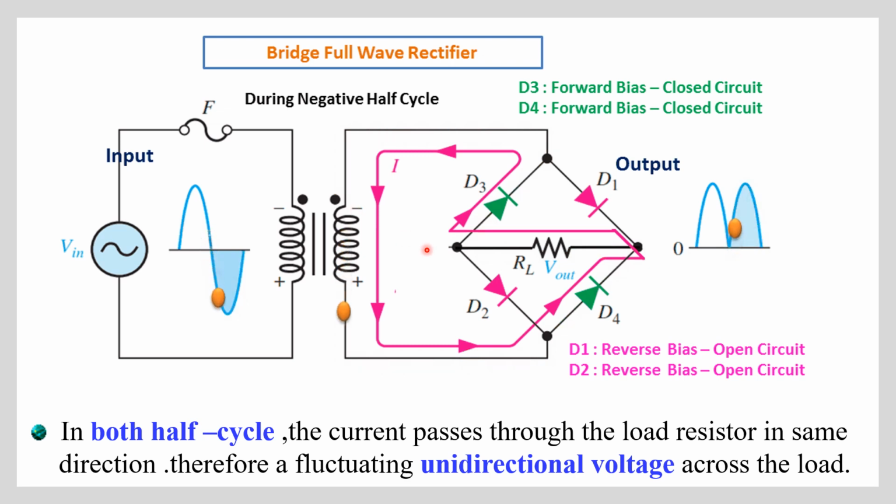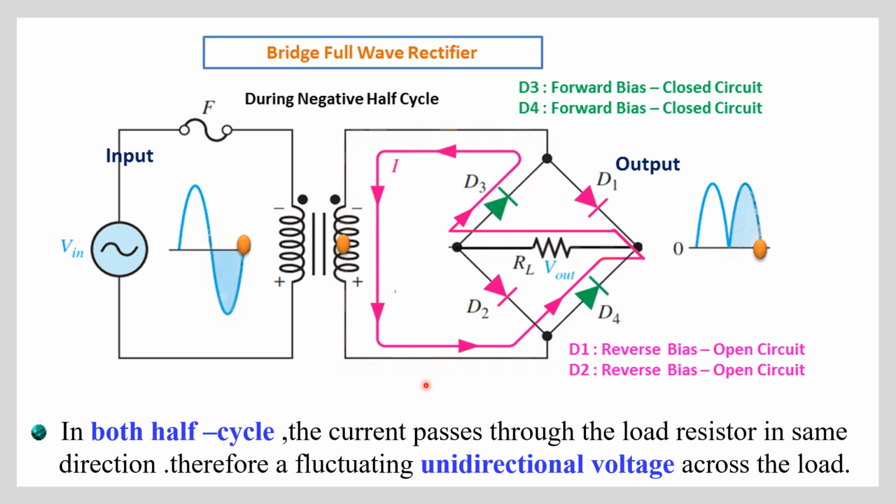So for the negative half cycle, diodes D3 and D4 are forward biased, which are shown in green, and D1 and D2 are reverse biased, and the current flows through D4, RL, D3 and to the secondary. Is it clear?